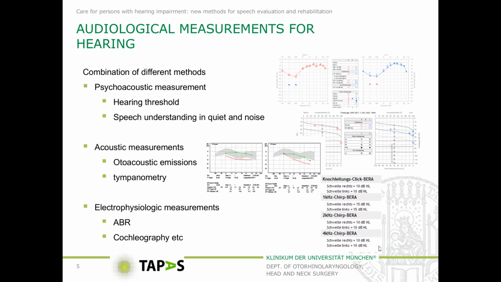That really gives me good information about the hearing status. For speech at the present time, there is nothing that gives me this multidimensional information about the status of the speech.